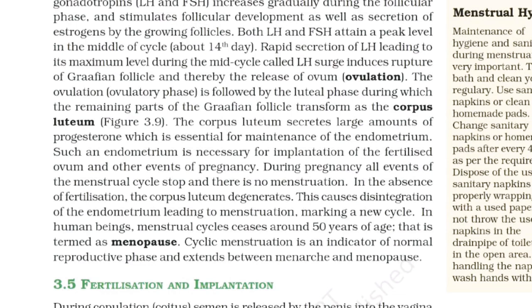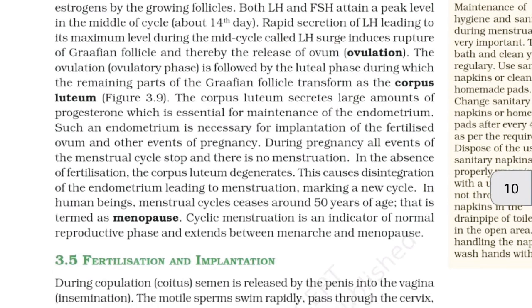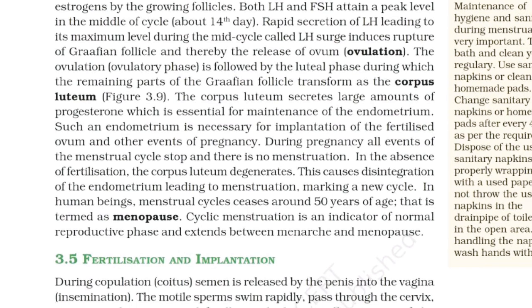Rapid secretion of LH leading to its maximum level during the mid-cycle, called LH surge, induces rupture of the Graafian follicle and thereby the release of the ovum, that is called ovulation.